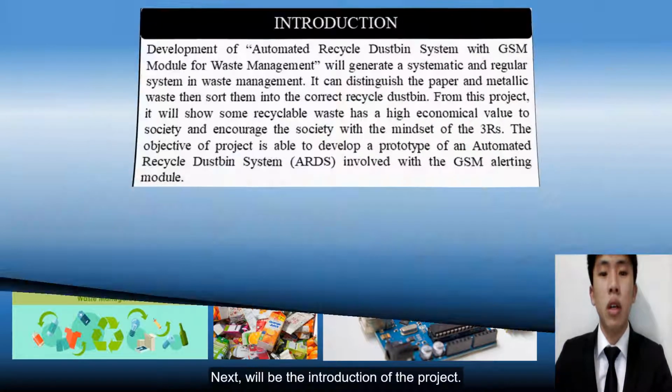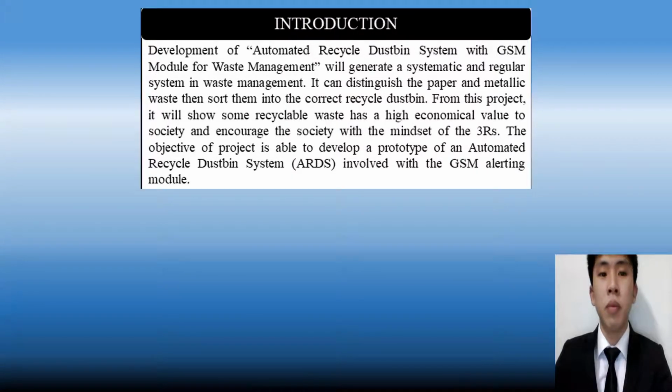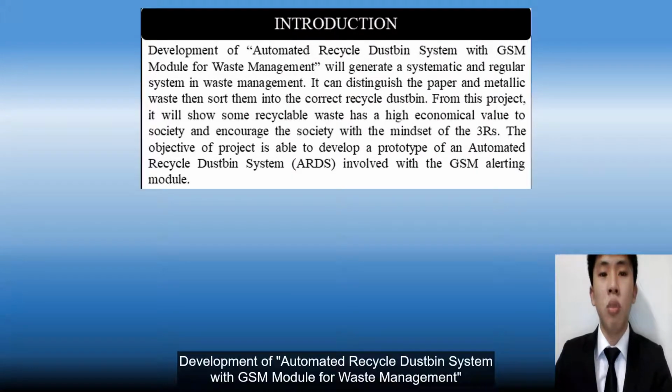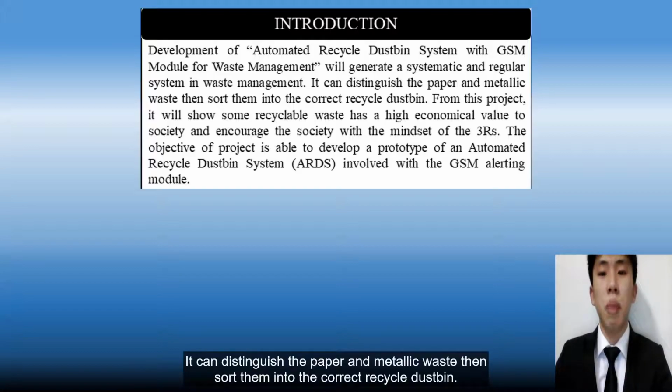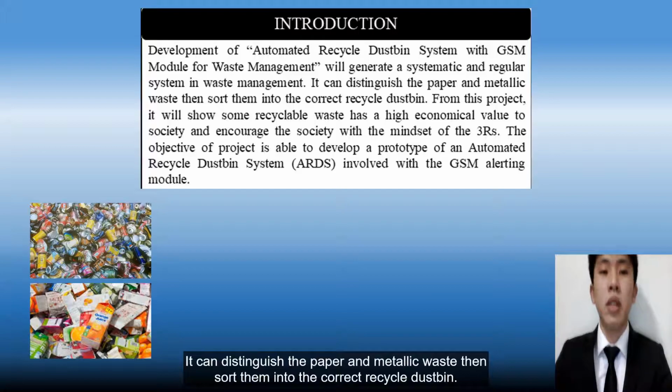So next will be the introduction of the project. The development of the automated recycle dustbin system with GSM module for waste management will generate a systematic and regular system in waste management. It can distinguish paper and metallic waste, then sort them into the correct recycle dustbin.